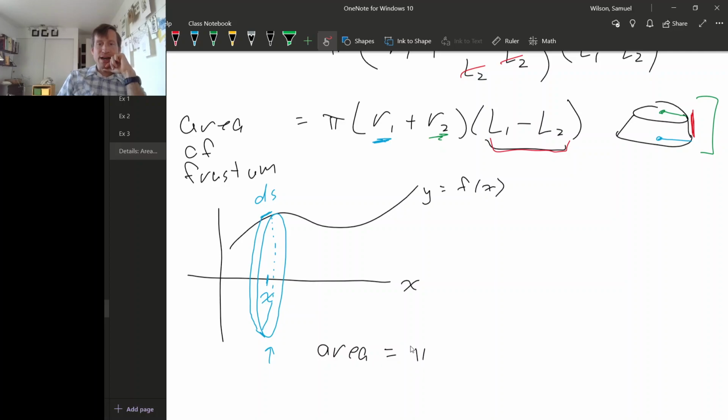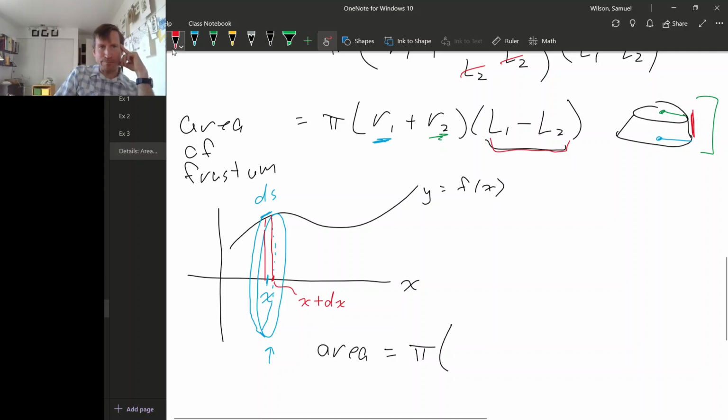So the area here is pi times the big radius. Well, look, we need to be a little more careful about this x value. So let's say this x value is right here. The other end of this bit of arc length is at this next door x value, which is x plus an infinitely small bit in the x direction, which is dx. So R1, the big radius, is x plus dx. Plus R2, the small radius, I'm sorry, that's not right.